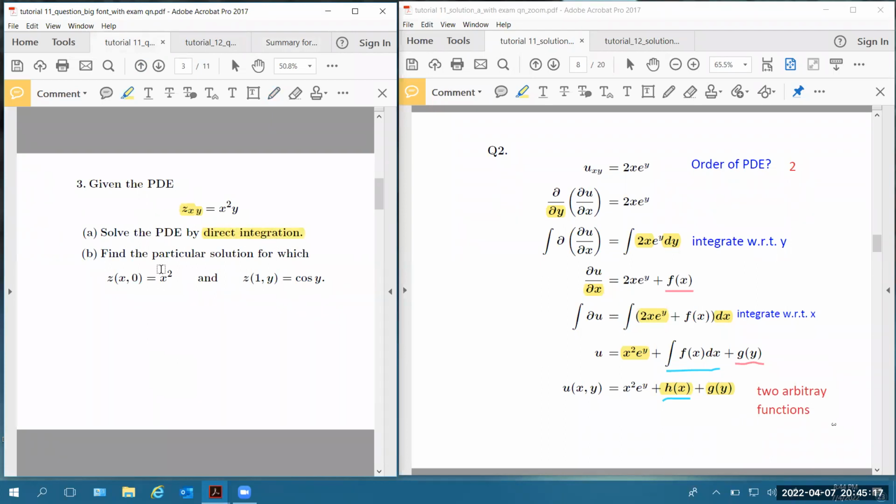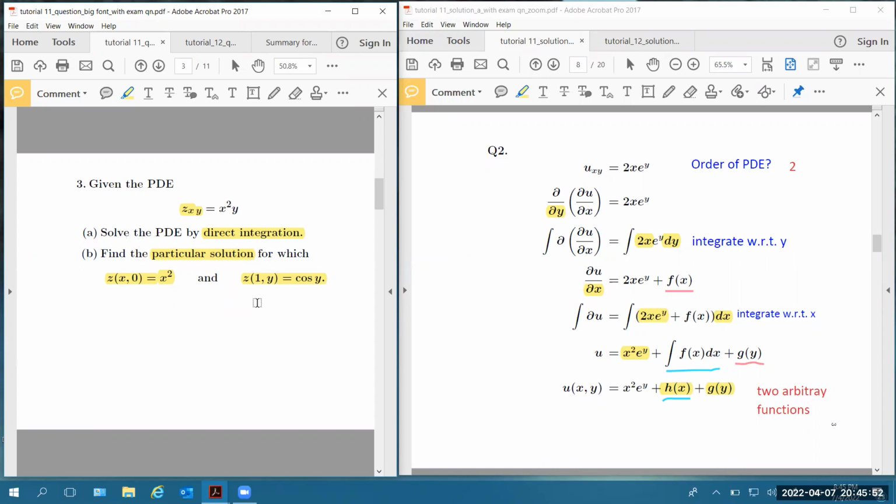Then they give us 2 conditions, and this time they ask us to find the particular solution. A particular solution doesn't have arbitrary functions, so these 2 conditions will help us to determine the arbitrary functions. So let's go and do part A.